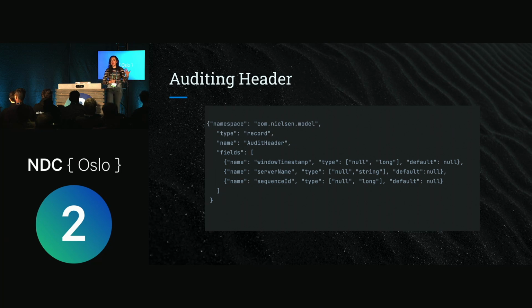We obviously have the topic, because we're consuming that data off of some topic. We do not have the server name and the window timestamp. If you're wondering about a sequence ID, that's a bit of a spoiler, and we're going to talk about it later on. Now, the question is basically how we're going to inject that audit header into our data, and that's what we're going to discuss right now.